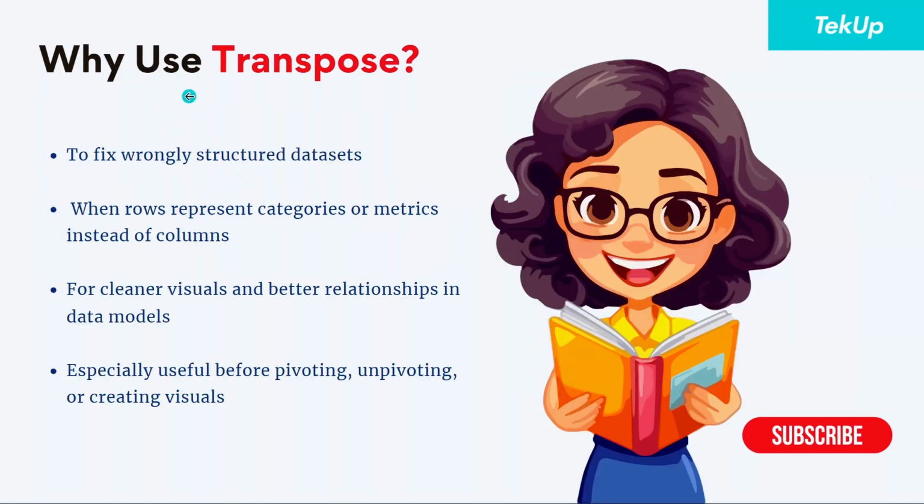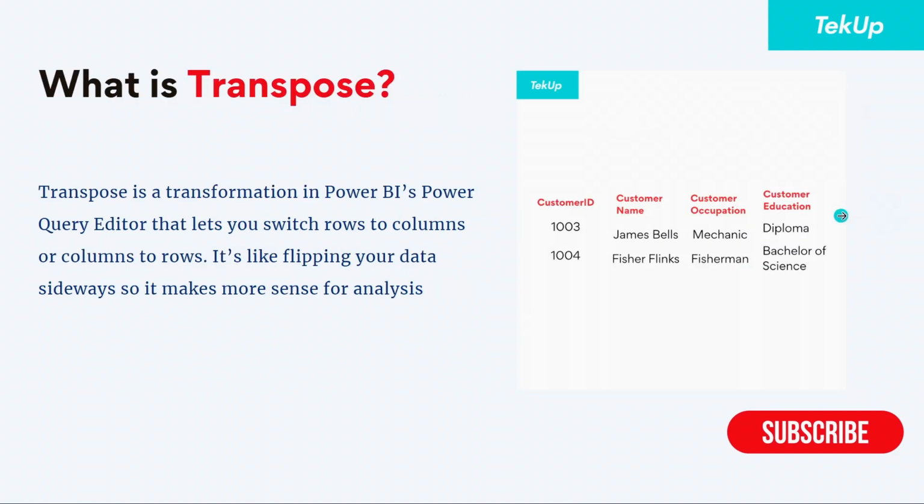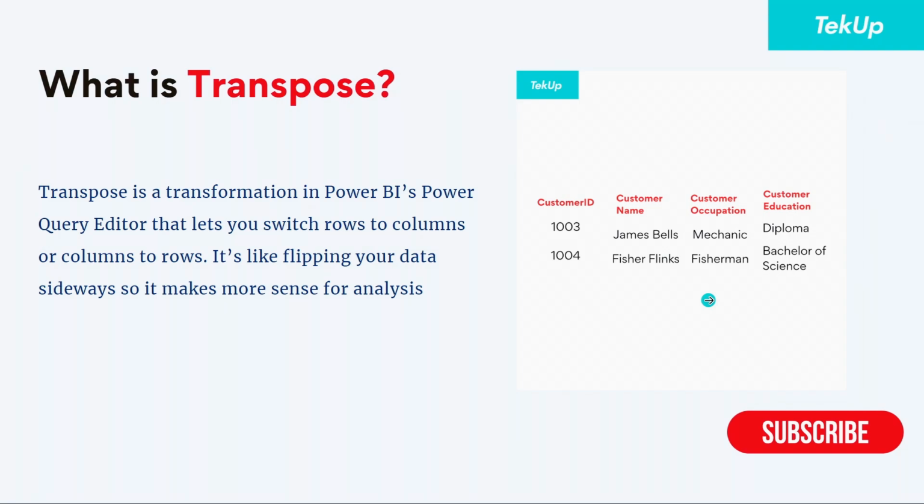Now, why use transpose? Why is transpose important? Transpose helps us to fix wrongly structured data sets. For example, when we look at this, we know that this data set is wrongly structured. Transpose helps us restructure our data, like helping us fix this to this.